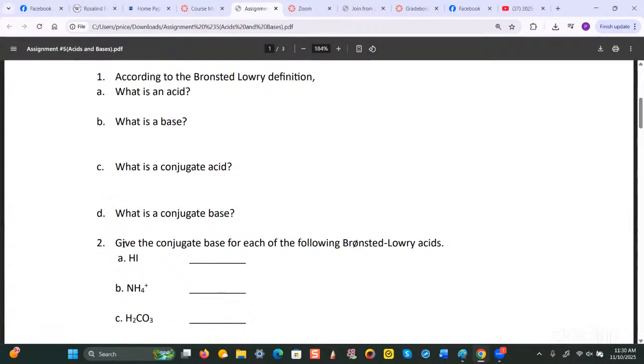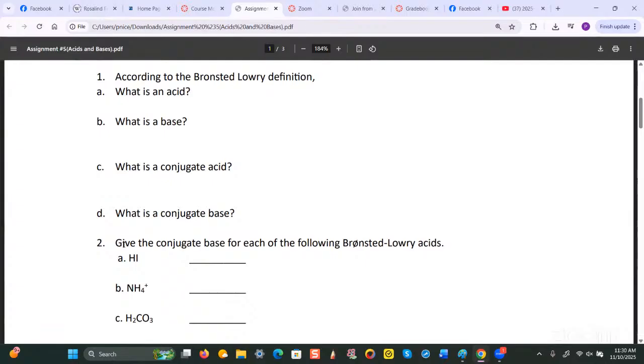So that's 1A, and 1B is what? What is a base? When a base is added to water, what is produced? Look at the definition I gave you earlier. When a base is added to water, it produces what?